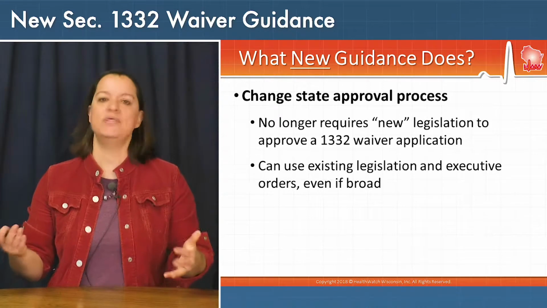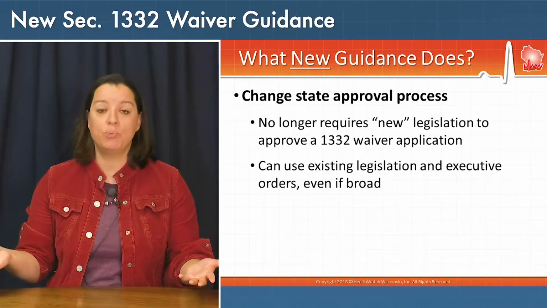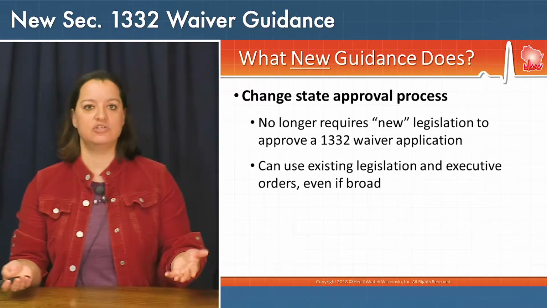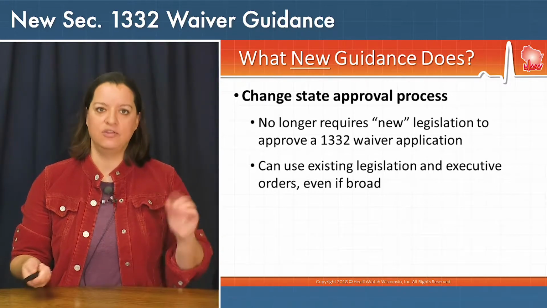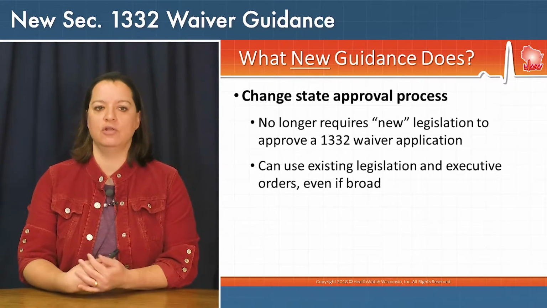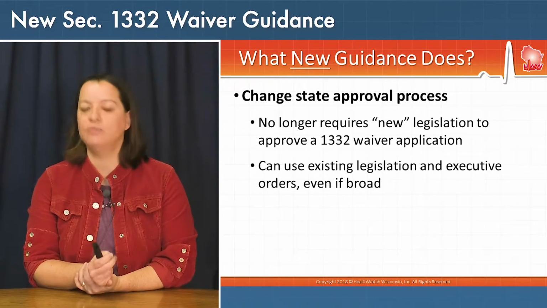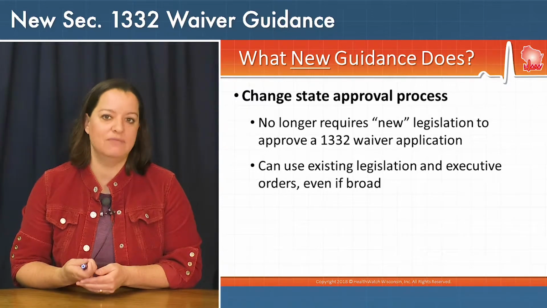If you've got something on the books that says we're going to implement the Affordable Care Act, you're pretty much 90% of the way there. You don't need a new piece of legislation to get vetted by your Assembly and Senate. You can just go with that. There are a couple other little benchmarks that they're going to be looking for, but the authority given to states to implement these without legislative approval that's very specific has essentially been waived.